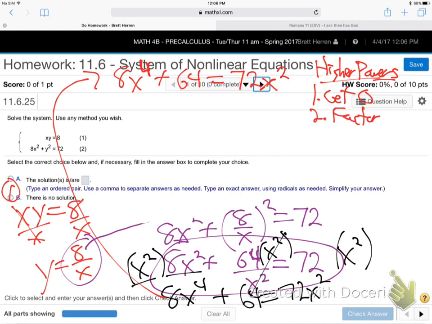That's pretty much what we do. So grab this 72x squared. He's going to go in the middle, huh, because he's mid-level. So we have 8x to the fourth minus 72x squared plus 64 is 0. That good there? I brought him over. He changes signs, right? Whenever something jumps to the other side of the equal sign, it changes signs like that.